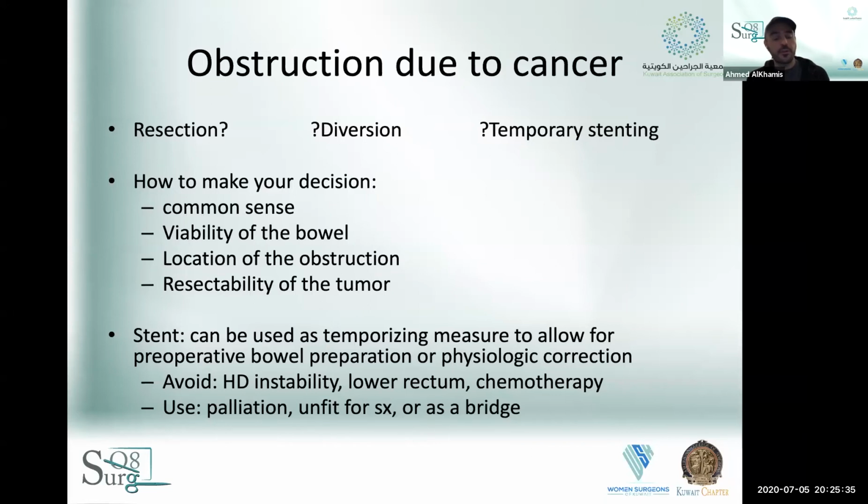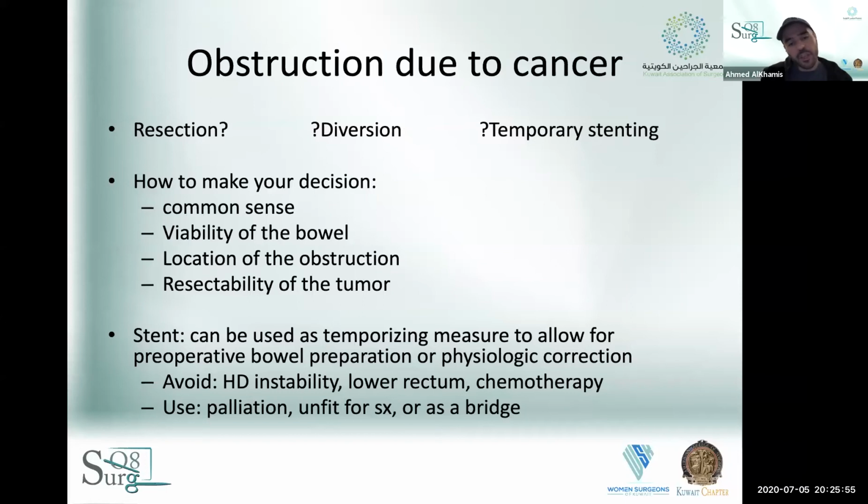Anyway, I don't want to go into it now. If it's a sigmoid, it's perfect for stenting. So the location of the obstruction will help you make a decision. Is it a stoma? Is it a diversion? Is it a resection? Viability of the bowel, common sense, and is it resectable or not?